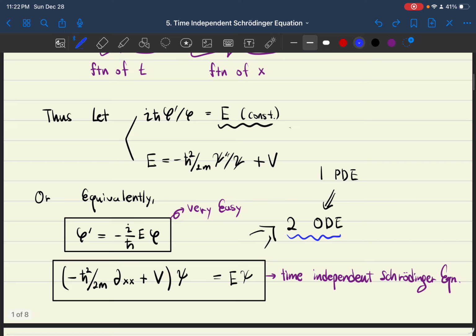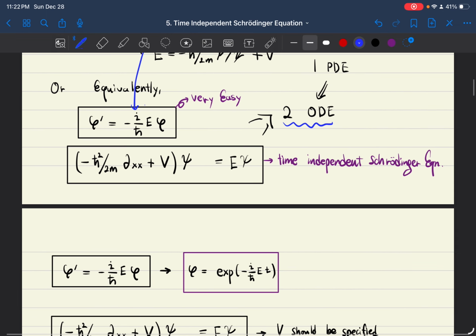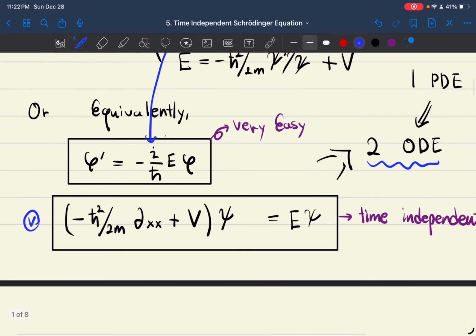The first equation is very easy to solve, and we directly get this differential equation. The second equation, since it's very important, we call the time-independent Schrödinger equation, since there is no time term. So it's better to remember this equation.